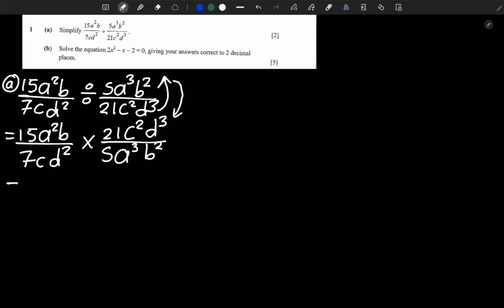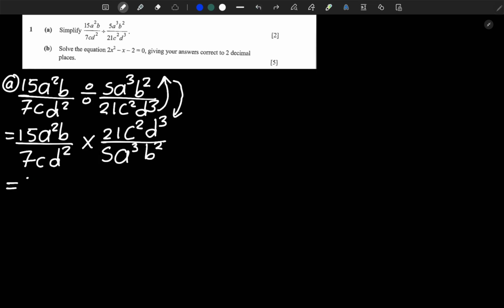Then at this point, we may have different ways of simplifying, so you need to use the method that works for you. So I'm going to break some numbers. 15 can be broken into numbers in which one number is common with 5.